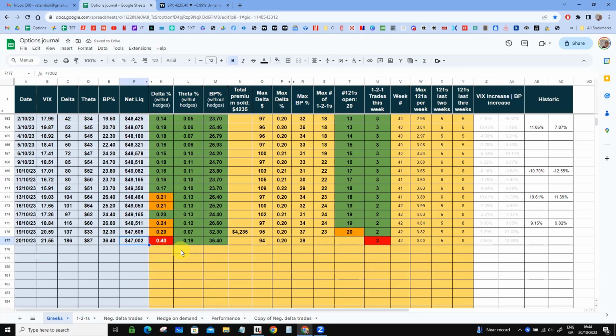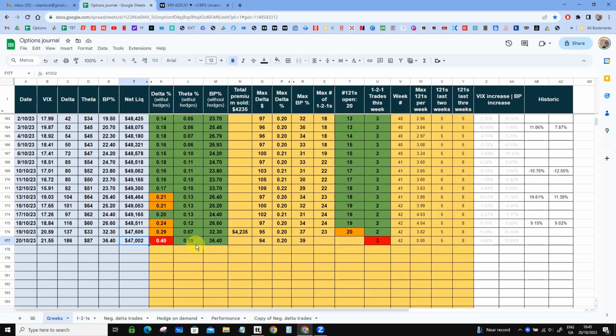So it's flashing red here on delta, but one of the adjustments that I'm doing is that a while ago I stopped really managing theta. I monitor theta, but I don't actively manage it anymore, because I don't think it's needed for the type of trading I do. It might be needed for somebody doing different types of trades, where theta has to stay in a certain range.